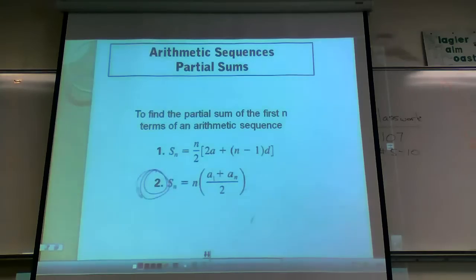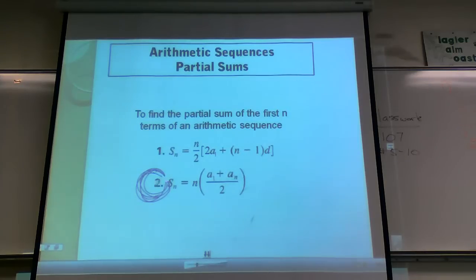This is probably the one most people are going to try and remember, as opposed to this one right here, which just has the formula for the nth term plugged in, right? Because A sub n is A1 plus n minus 1 times D. All right, and the reason it's 2 times A1 is because you'll have A1 plus A1 plus n minus 1 times D. It's just a matter of simplifying. So they're both the exact same formula. It's probably easier to remember it this way because you have to know that formula anyway.